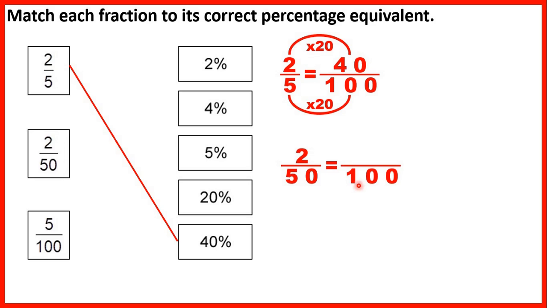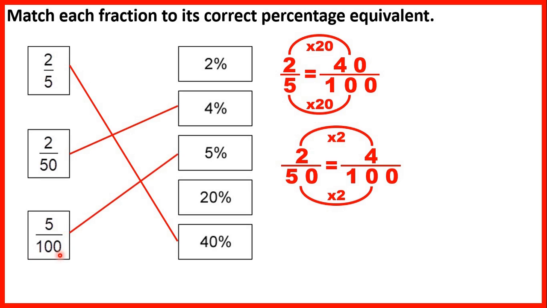Again, we can find an equivalent fraction with a denominator of 100. 50 times 2 is 100, 2 times 2 is 4, so 2/50 is the same as 4%. And now we have 5/100, so the numerator tells us the percentage because our denominator is already 100. So 5/100 is the same as 5%.